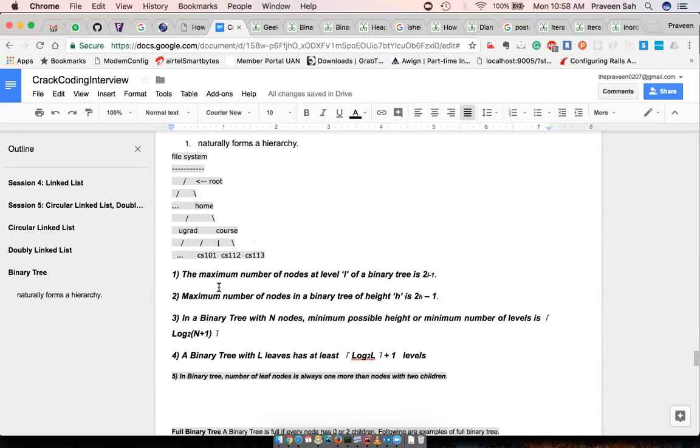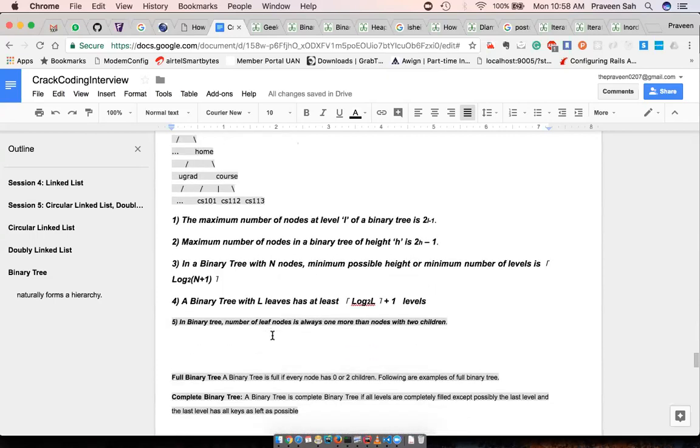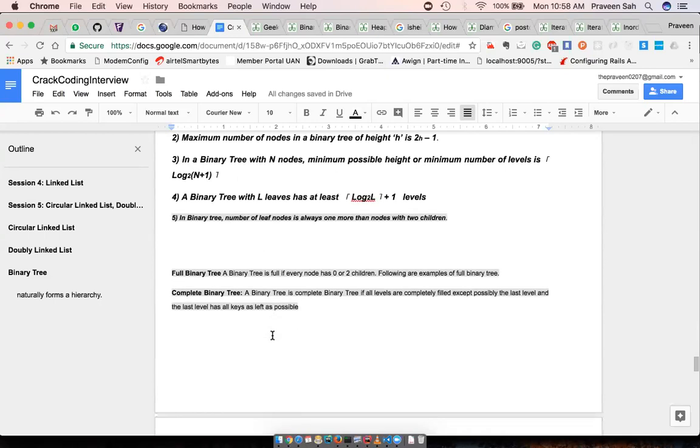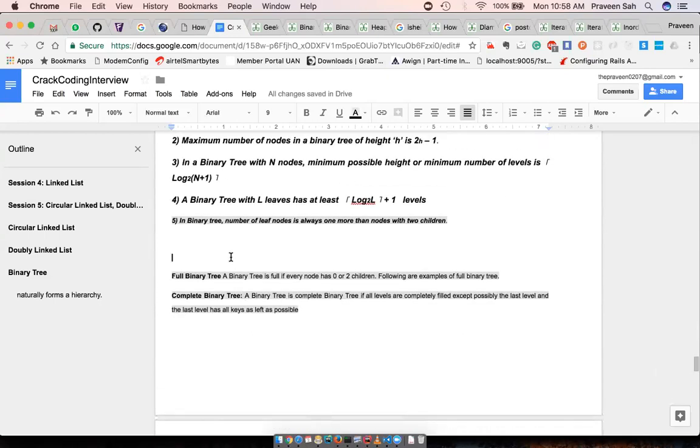So can anyone tell me, the question is, what is the maximum and minimum height of a binary tree given there are n nodes? Let me write the question again.